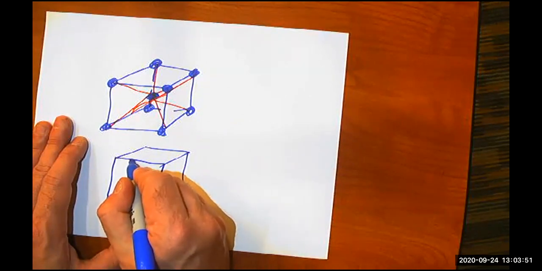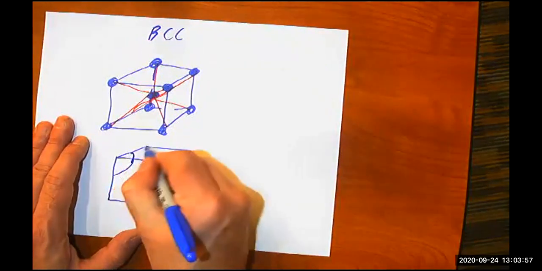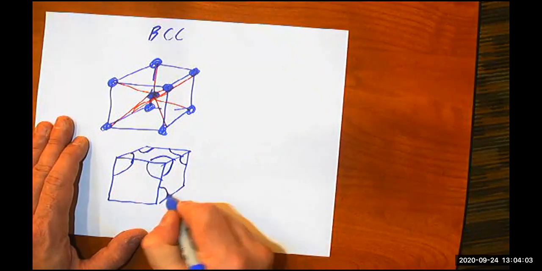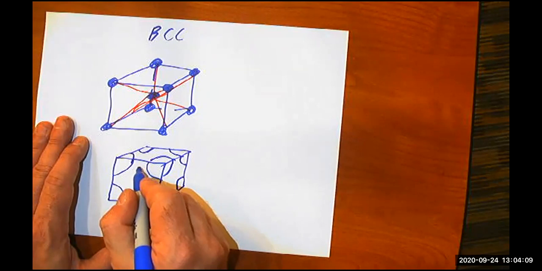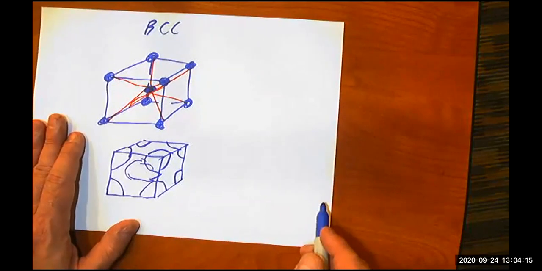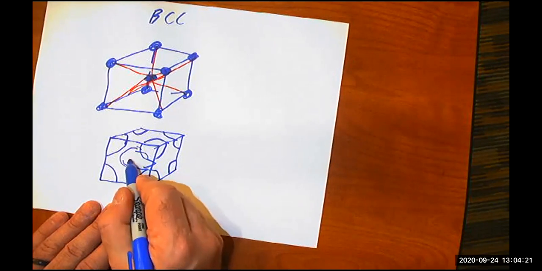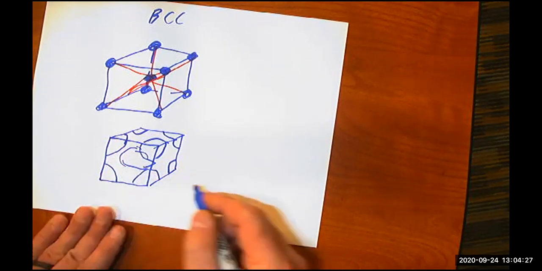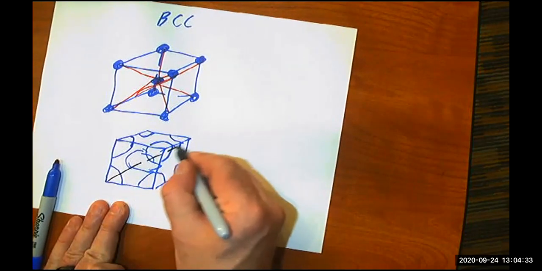In the space-filling picture for body-centered cubic, the corner atoms are not touching each other, because the central atom in the middle has expanded the lattice. The central atom is contacting each corner. So we have a body diagonal that goes through here to that side.